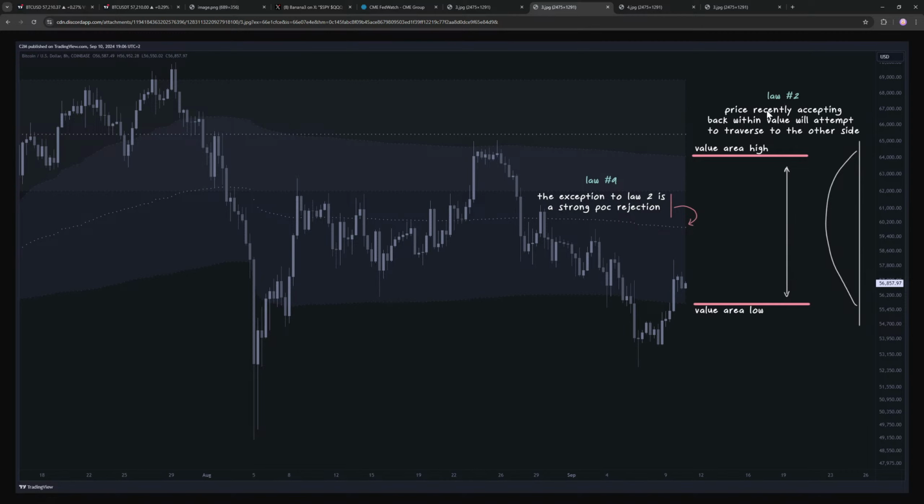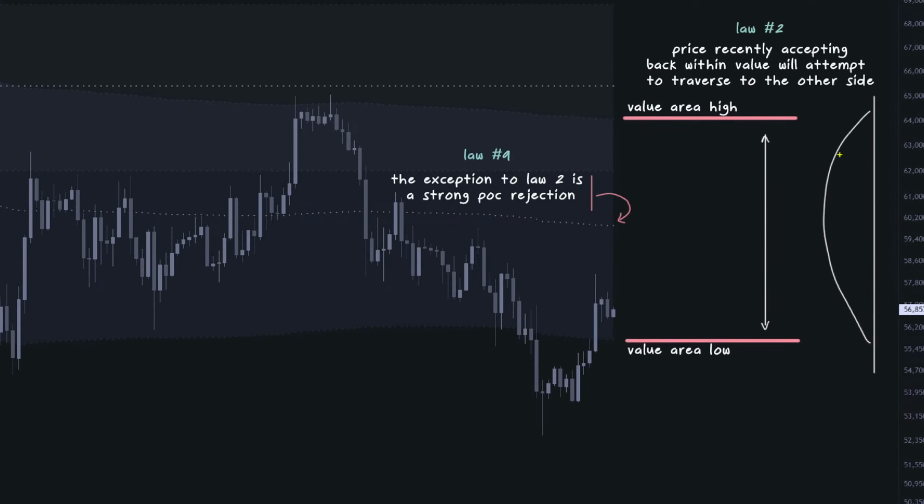When price recently accepts back within value, it will attempt to traverse to the other side. What does that mean? It means when we're accepting back within value, for example, if this is our value area and we accept, right here we're auctioning lower, right?